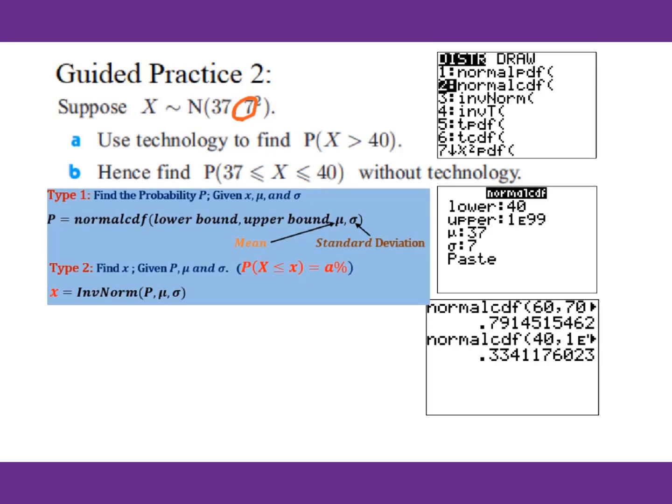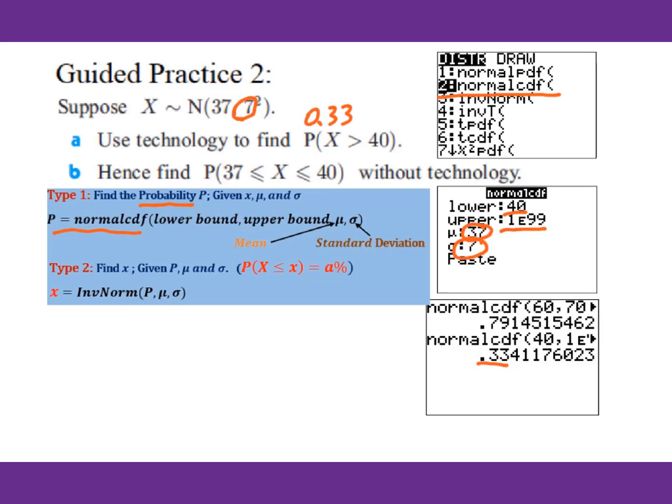Since this is a probability problem, you have to use normal CDF. We will put the lower one as 40. Upper one is 1 times 10 to the 99th power. We will put mean 37, standard deviation 7. Then press enter, and you will get 0.33.